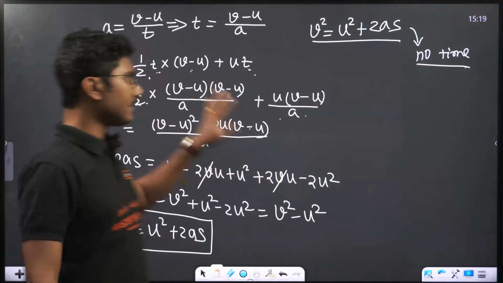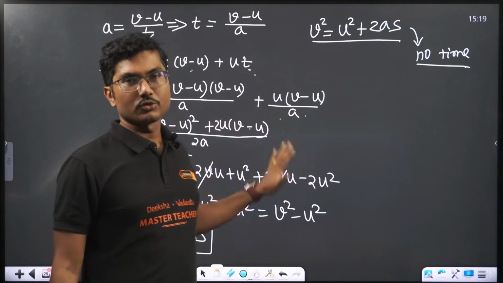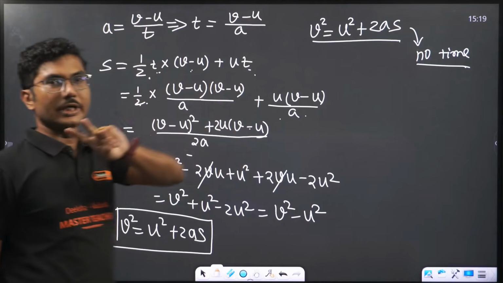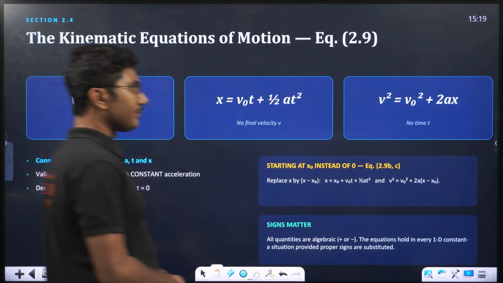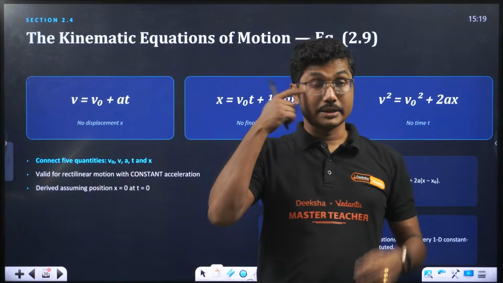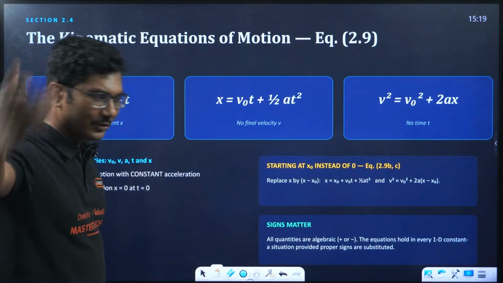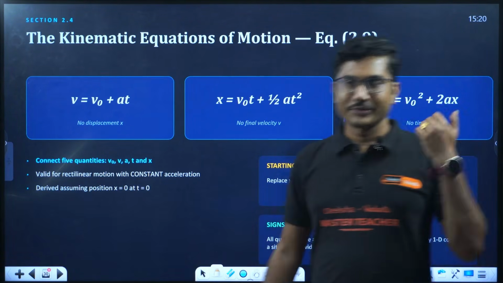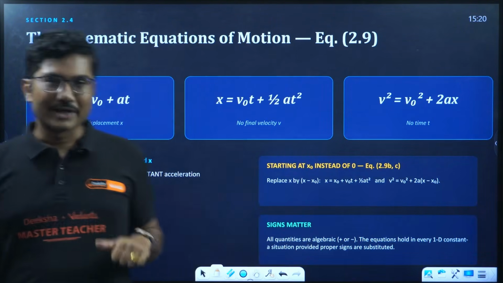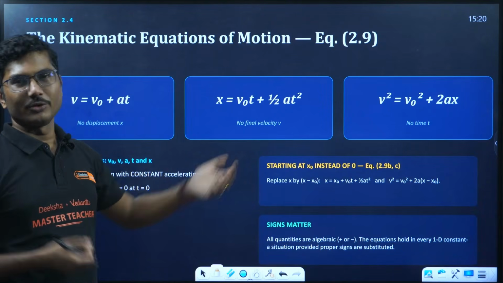This derivation is slightly longer than the other one, obviously, but this one is also super important as the previous one. Both derivations are super important for your board exams as well as your class exams. Right, not board exam, annual exam. Even though it is considered to be a board exam, it is done by your college. So the final exam as well as all the class exams, midterm, pre-board, etc.